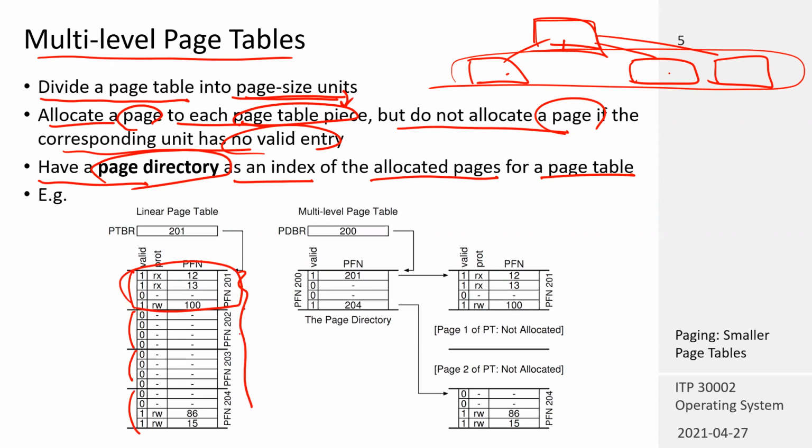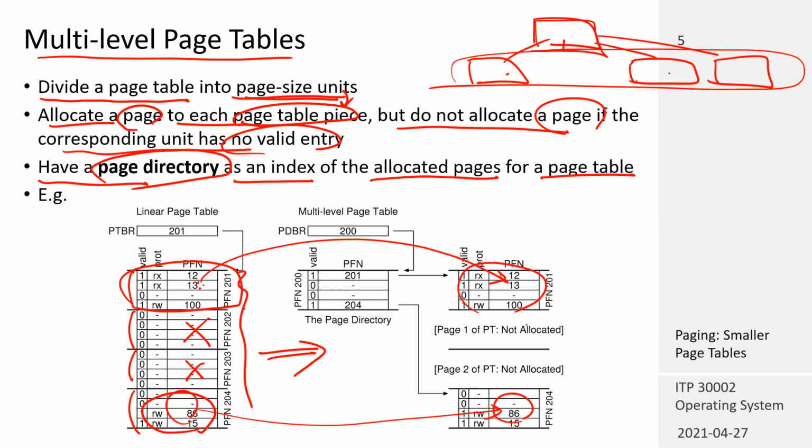For representing this page table, we don't need actual memory for this region and this region. What we need is this one and this one. So we can turn this into a tree representation. This one is represented in this page, and this one in this page. However, no allocation for page 1 and page 2.